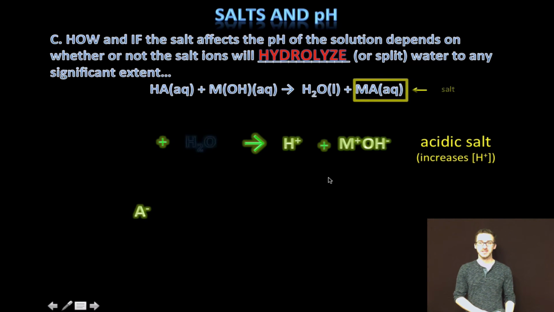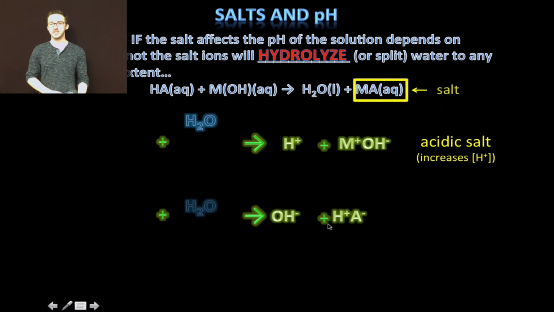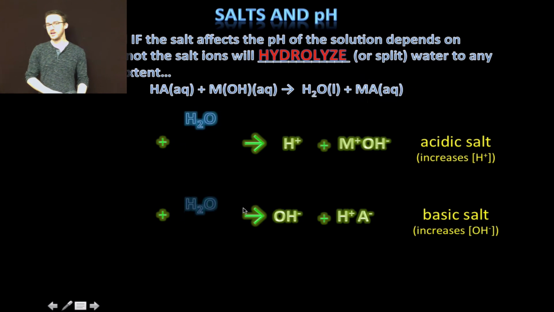If the salt is a basic salt, then the anion will be able to split water. But if the anion splits water, the anion is going to hook up the hydrogen ion part of that HOH water molecule and leave additional hydroxide ion.